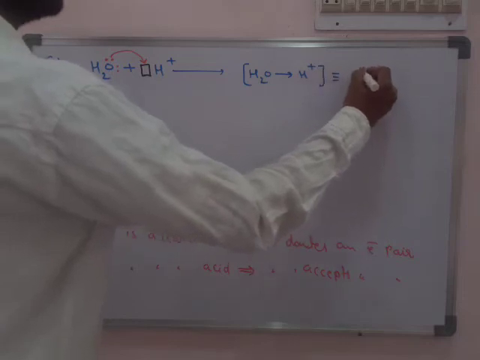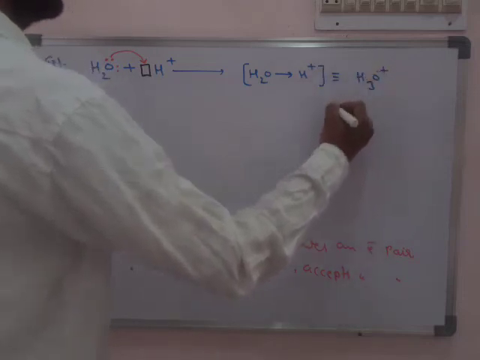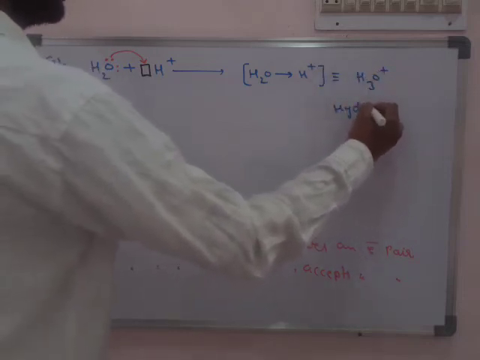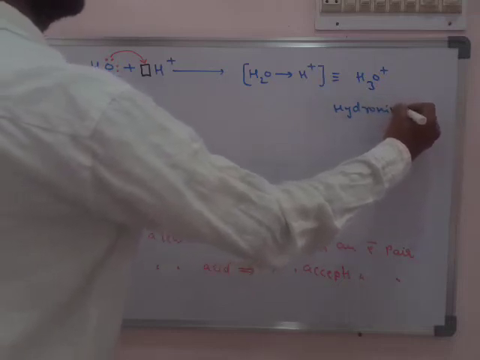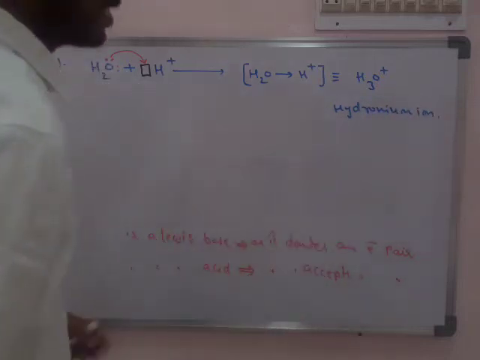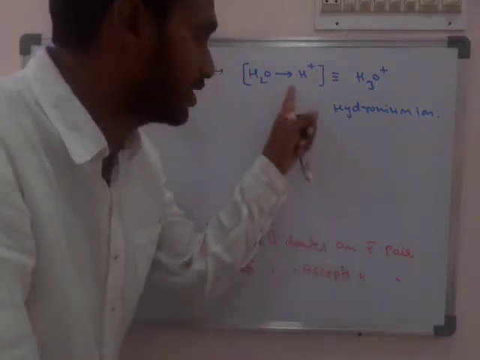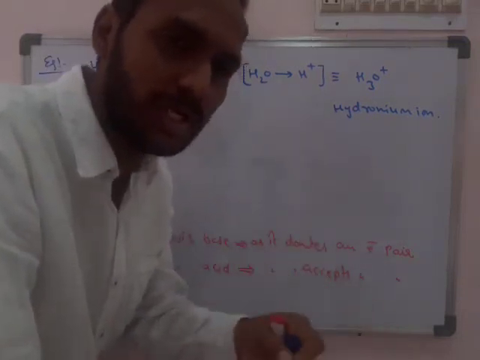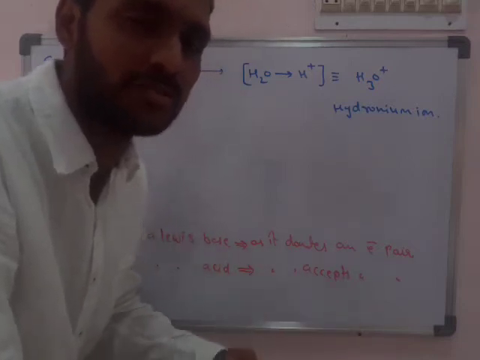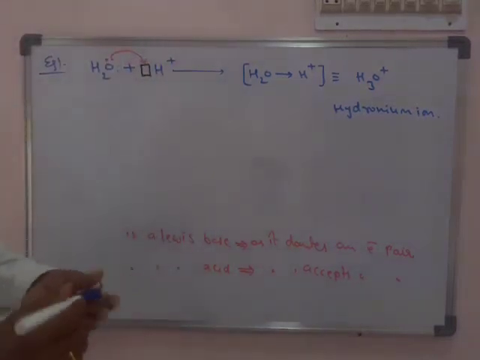So it can be written as the hydronium ion. It is known as hydronium. Here also, the positive charge does not exist only on this H plus, it is shared among all the hydrogens. That's why commonly we write H3O plus.